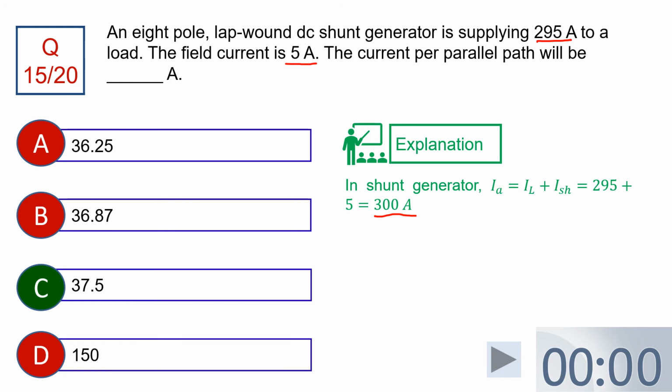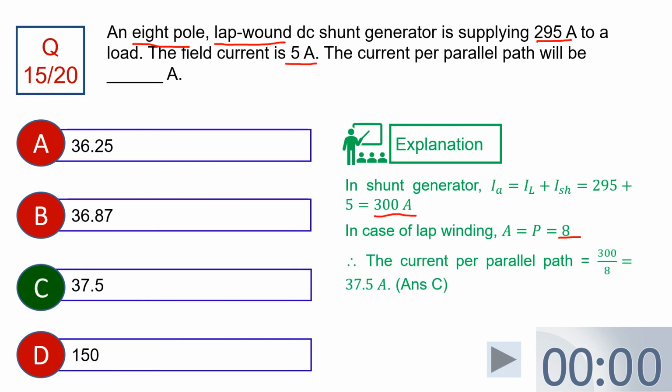Now the generator is lap wound and there are 8 poles, and therefore number of parallel paths A is equal to P, which is equal to 8, and therefore current in one parallel path must be equal to 300 divided by 8, and therefore current in one parallel path is 37.5 ampere, and therefore correct answer is option C.